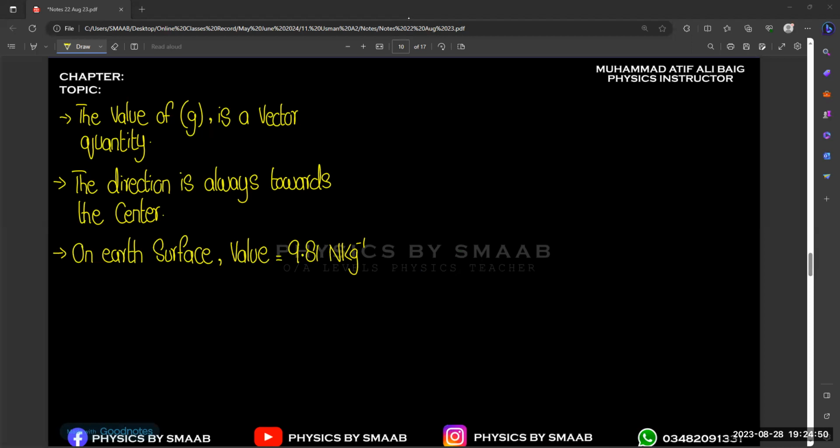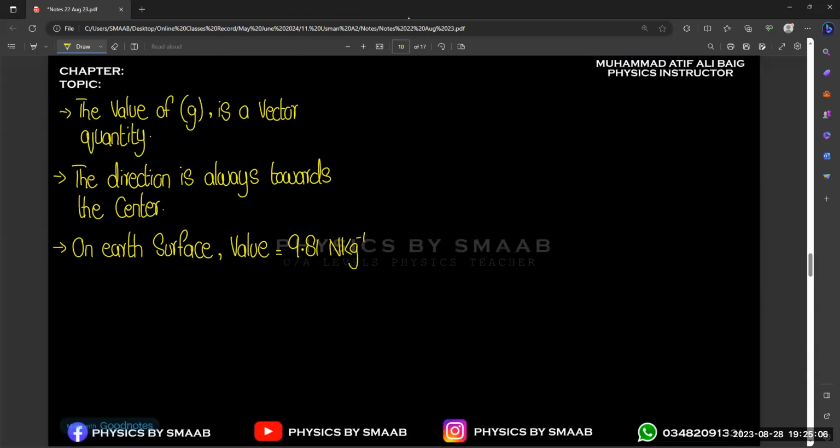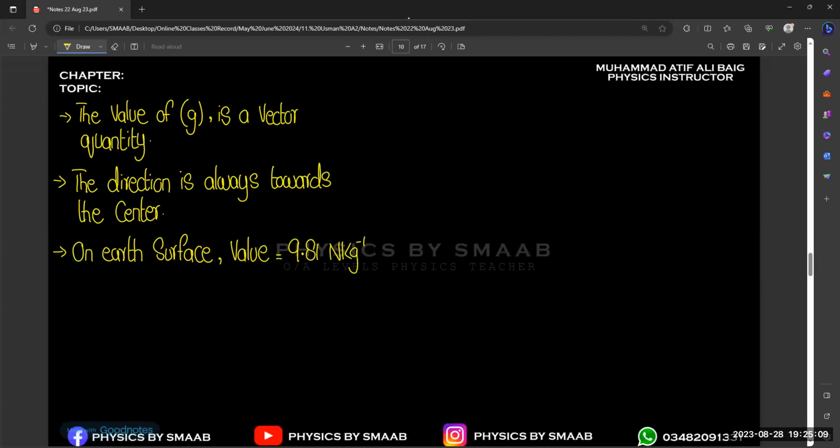And if someone asks you what will be the value of g if we are moving away from the Earth or moving towards the Earth, from the formula you can say that capital G and M remain constant. So we only have g and r square. So we can explain the fourth point like this: the value of g varies with 1 over r square, right?